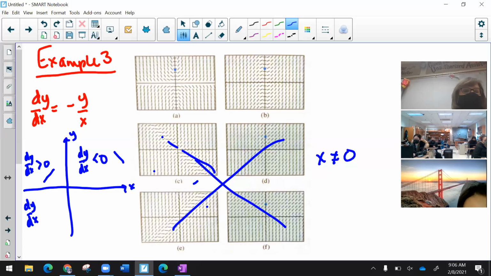It's going to be negative, like Tia said. Okay, so it's going to look like this. And how about quadrant 4? Positive. So it's going to look like this.